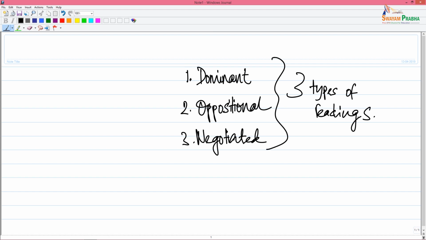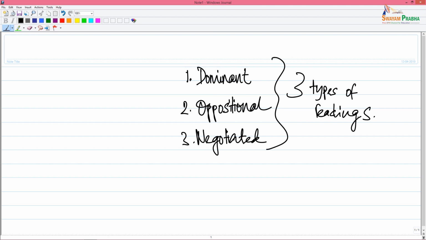Yes, so Stuart Hall talks about these three possible types of readings. These are the three ways we can read the same piece of media, and these are called dominant or hegemonic reading, oppositional or counter hegemonic reading, and number 3 is negotiated reading.